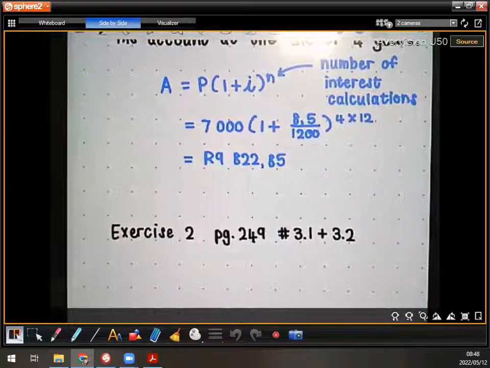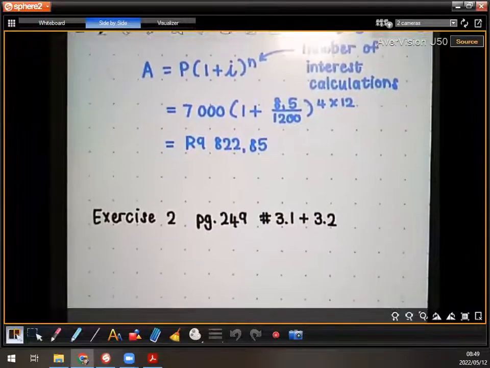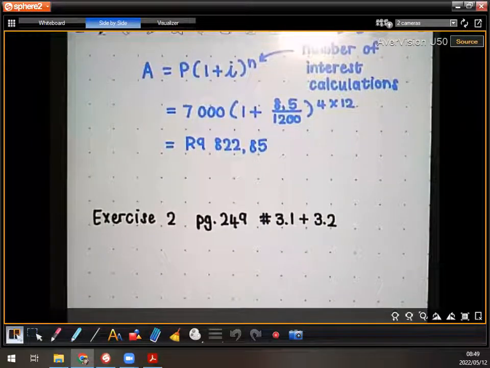And then in 3.2, they ask how much interest has she received after 6 weeks. You must have done questions like that before in previous grades. So you're going to calculate A, and then in 3.2, they ask the amount of interest that you actually received. So see if you can remember how to do that. Okay, you still have 10 minutes. You can get going on that.